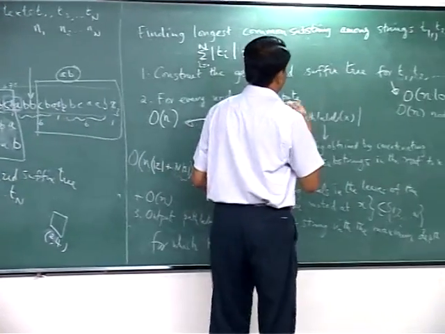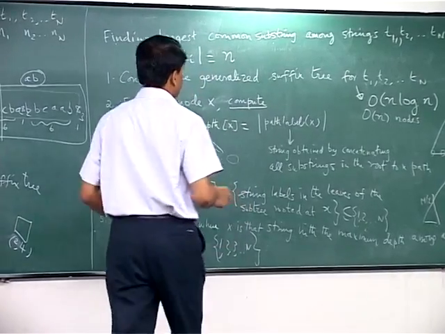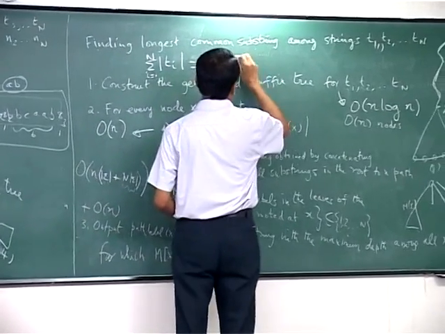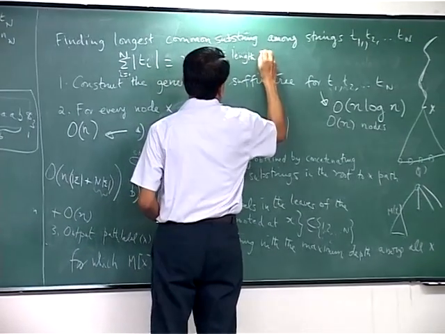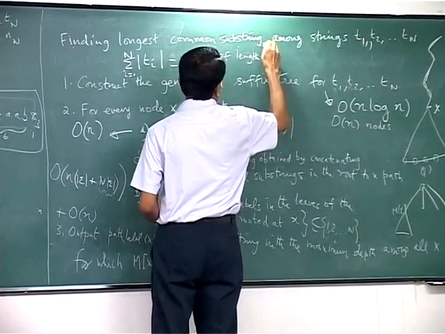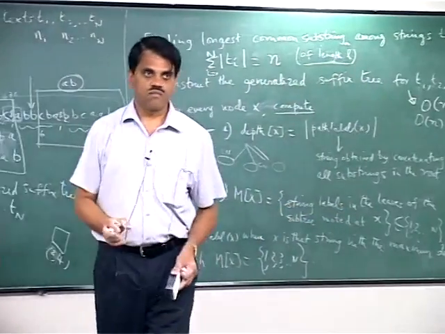So there are variations of this question which are again important in computational biology. You can talk about the largest common substring of length L. Suppose I am interested in this. So what do I do?